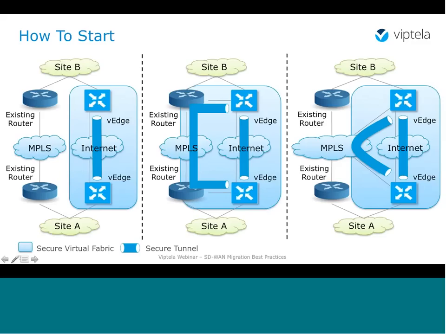Again, all three approaches allow you to run in parallel your existing traffic through the underlay and your traffic of interest that you would like to start using the principles of software-defined networking. Two types of traffic can run in parallel, whatever your starting point is.